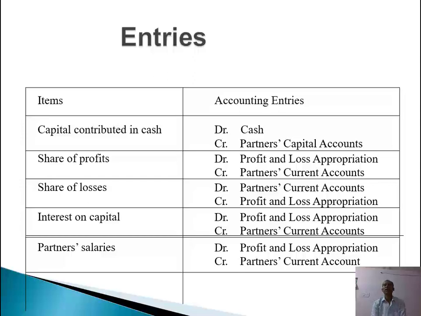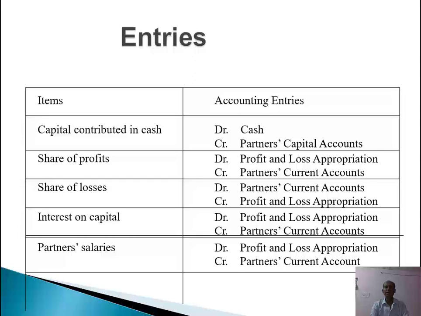Next, share of profits: profit and loss appropriation account debit to partners' current accounts or capital accounts. And share of losses: partners' current accounts or partners' capital accounts debit to profit and loss appropriation account.